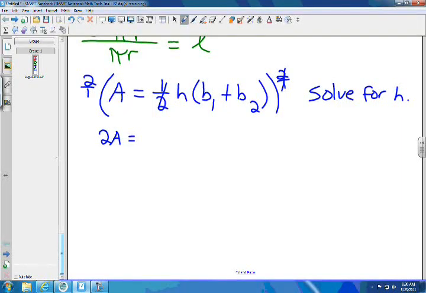Okay? Just like it would if you were solving for a variable. You're going to actually get an answer. So that leaves us with h, b1 plus b2. So what do we say is going on between the h and that parenthesis? Multiplication.